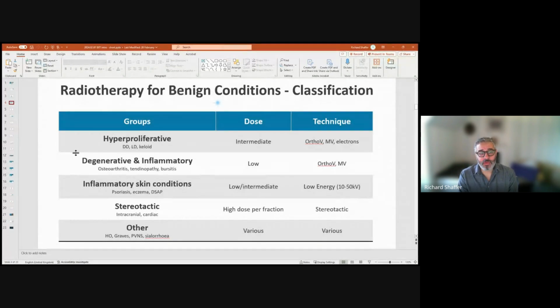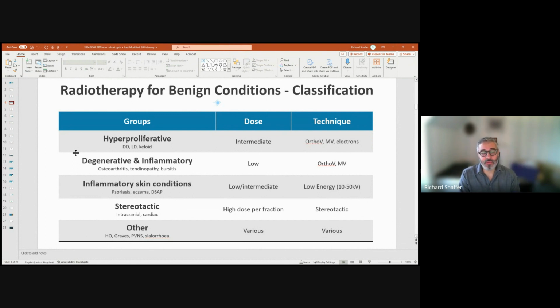There are quite a number of inflammatory skin conditions that you can treat. This is not something that's done very widely. It is done mainly in Europe, particularly in Scandinavia.